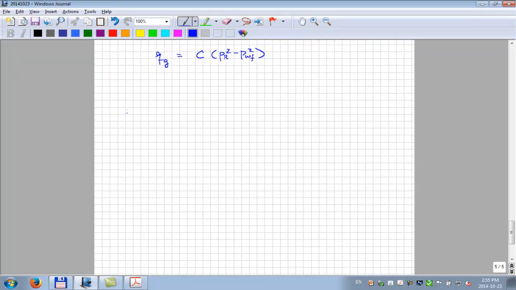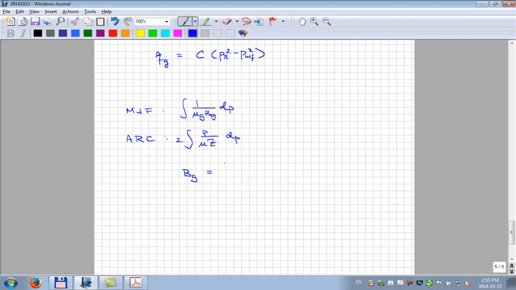So you've got Fetkovich using the integral of 1 over mu G BG dP. And the original Al-Husseini, Ramey, and Crawford use the integral of P over mu Z, dP. I'm not sure, I don't think it has the 2 out here. So what is BG?